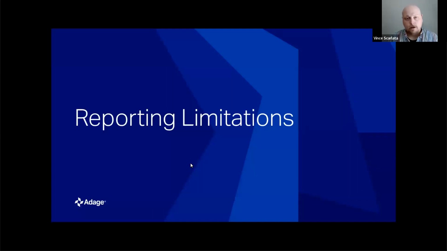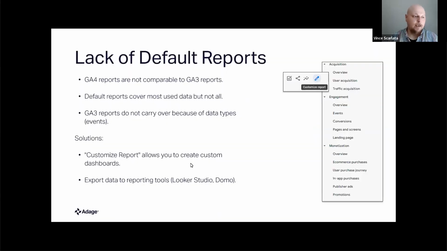The next set of problems that we're going to run into is reporting limitations. The first one that everyone's going to see when they go into GA4 is a lack of default reports. GA4 reports aren't really comparable to GA3 reports, and that's why you don't see a lot of them being moved over from GA3.